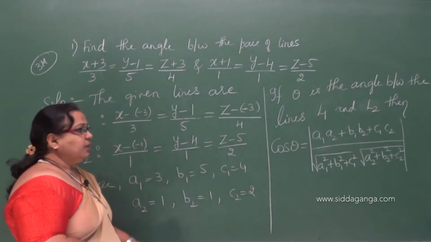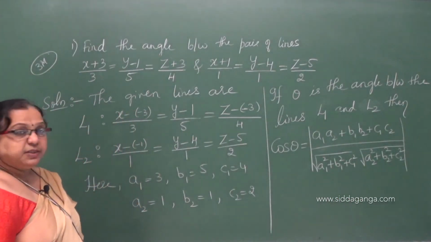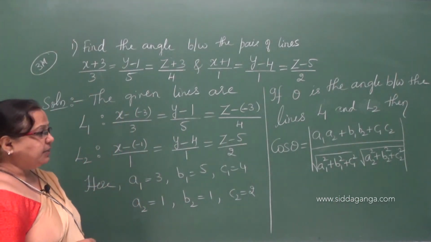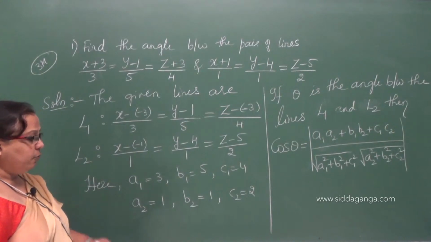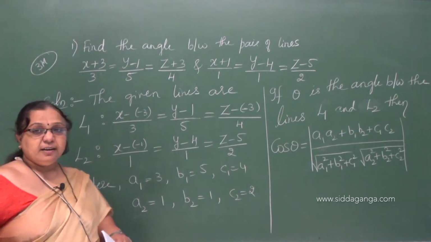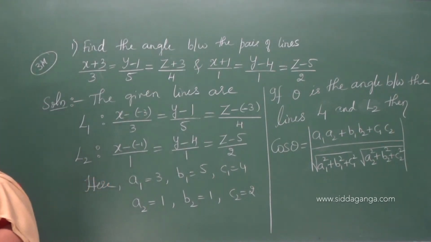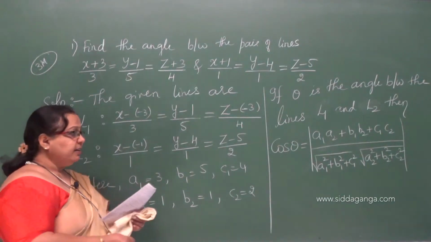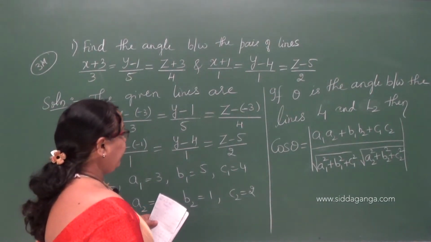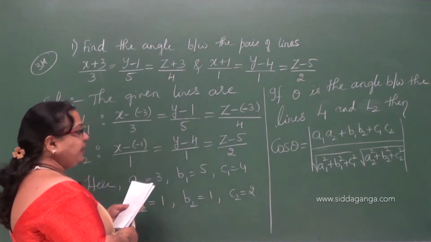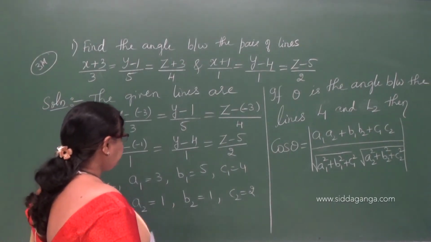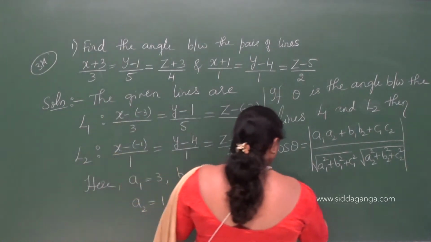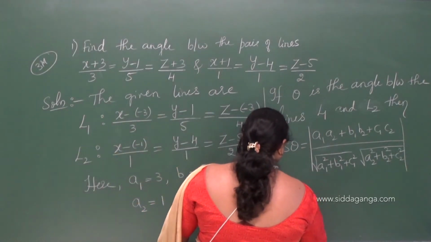So now cos theta becomes a1 a2 plus b1 b2 plus c1 c2 divided by root of a1 square plus b1 square plus c1 square into root of a2 square plus b2 square plus c2 square. Now you substitute the values here. Multiply and take it; writing too many steps wastes a lot of time.